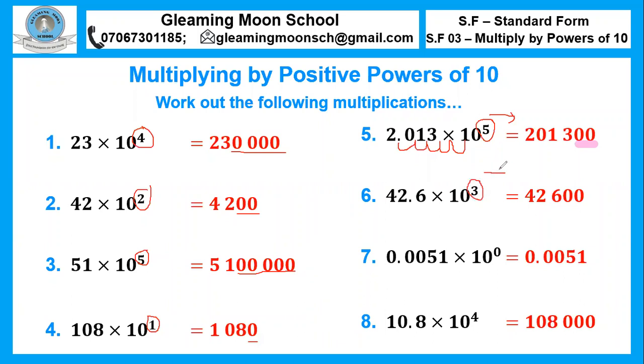So again, you're moving to the right because it's a positive power. The power says 3, so you're going to move 3 times. So you go 1, 2, and 3. Again, you have 2 places that you need to hold with 0. So you write your whole number, 426, and then you put your 00, which makes it 42,600.